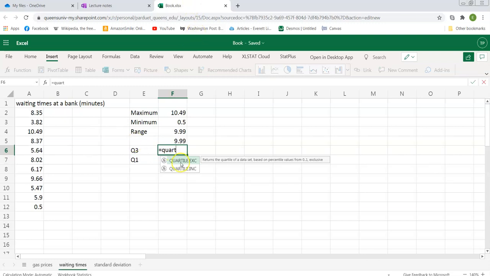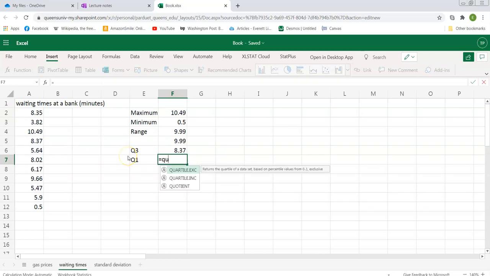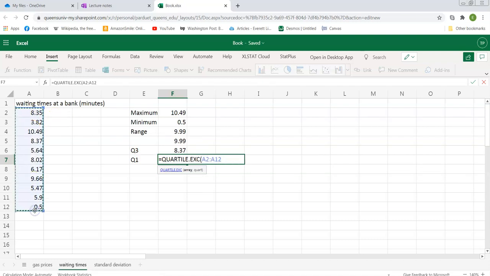So quartile.exc, select our data, and we have to type in which quartile we want, and we want 3. Q1 is, again, quartile.exc. Select your data, and this time we want the first.